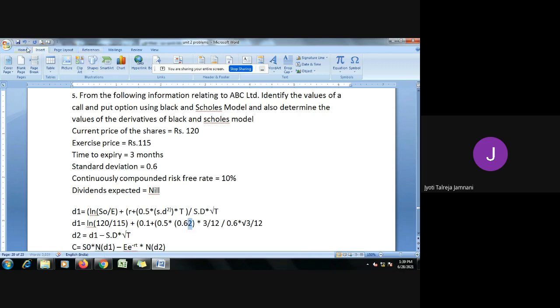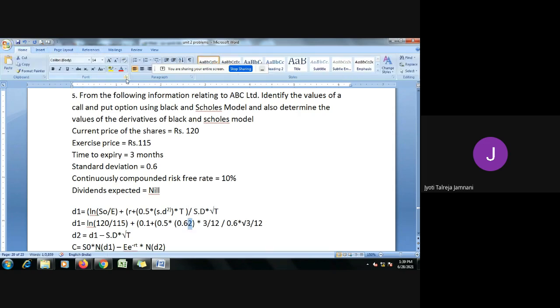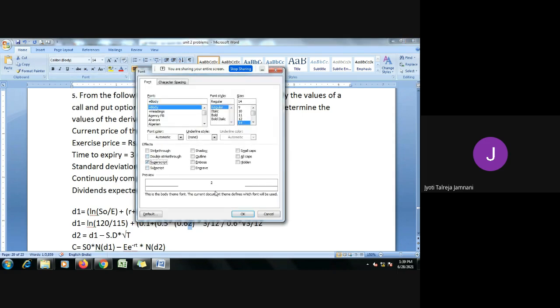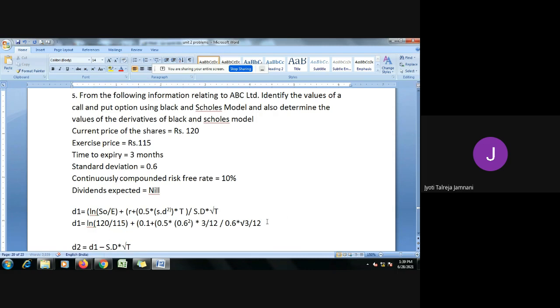0.6 square we have to find. So D1 is equal to natural log of 120 divided by 115. 0.0425 is what we get, plus standard deviation square we'll do first.